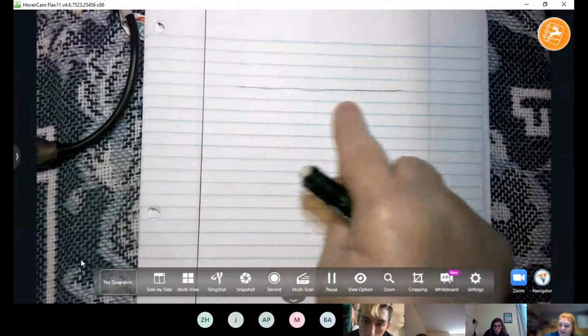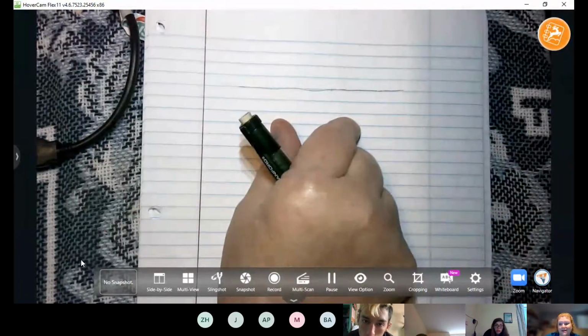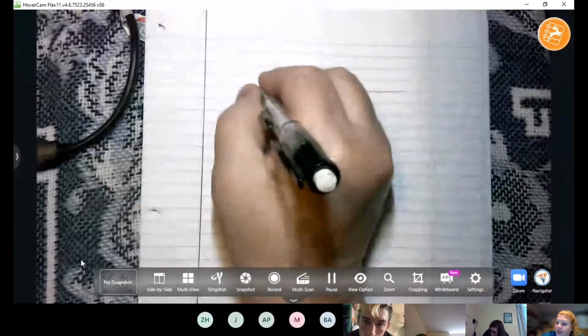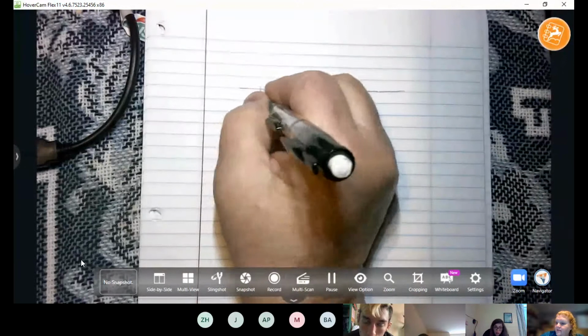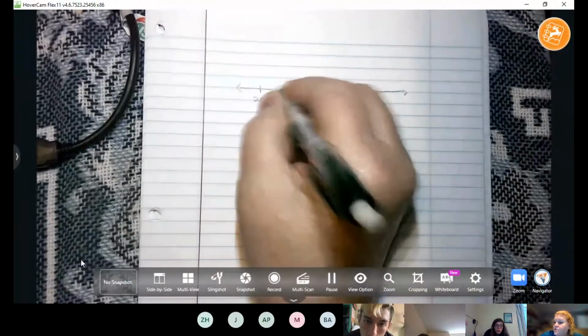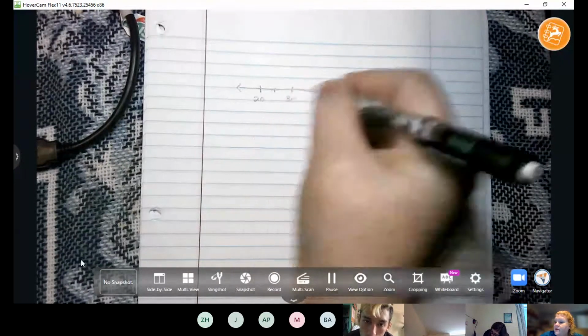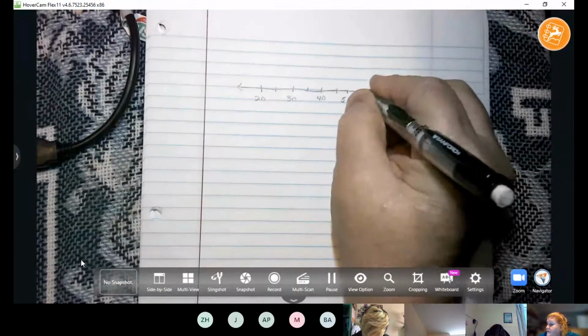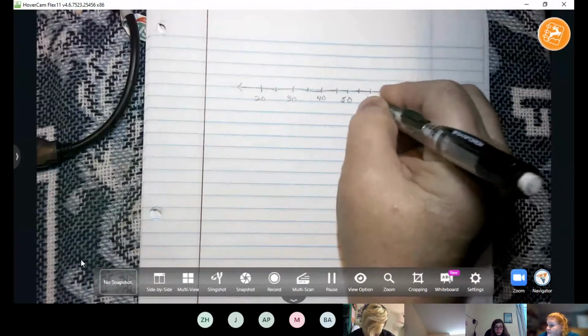If you went by fives, it might be too compact. But fives are not bad. So let's just kind of do that. So we're going to start at 20. And we're going to go 25, 30, 35, 40. You do not have to label every single unit. 45, 50, 55, 60.